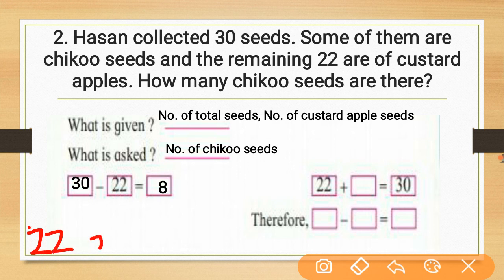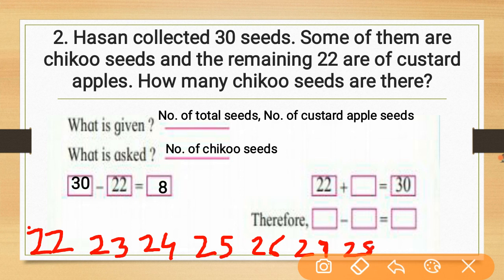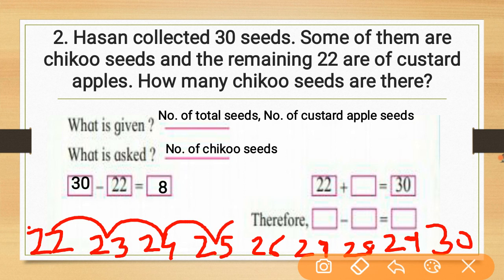22, 23, 24, 25, 26, 27, 28, 29 and 30. Here we are going to count forward from 22 till 30. 1, 2, 3, 4, 5, 6, 7, 8.